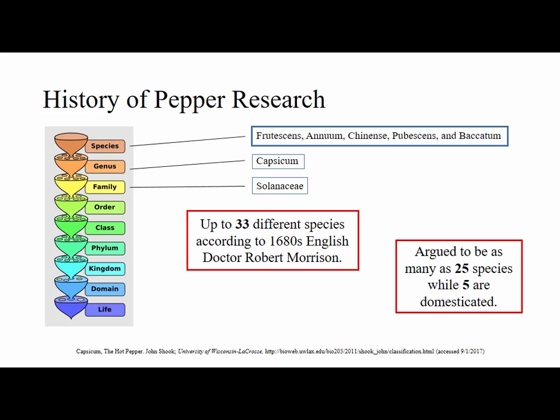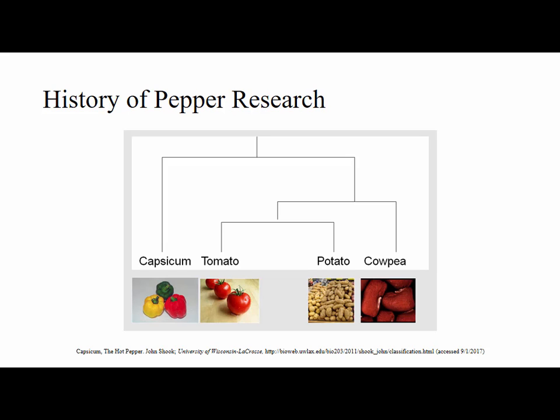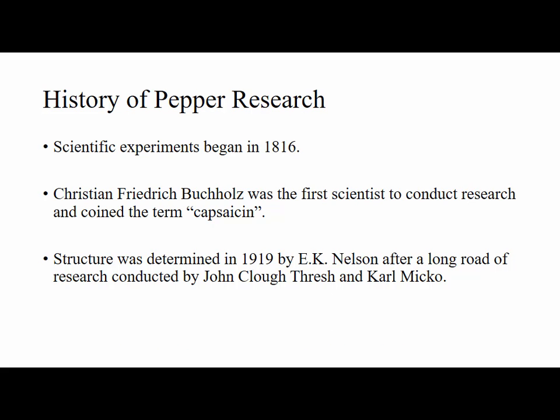However, we do know that there are 5 domesticated, and those are the frutescens, the annuum, the chinense, pubescens, and baccatum. Looking back at the family, just a fun fact, peppers are kind of the cousins to tomatoes, potatoes, cowpeas, and even tobacco plants and eggplants.